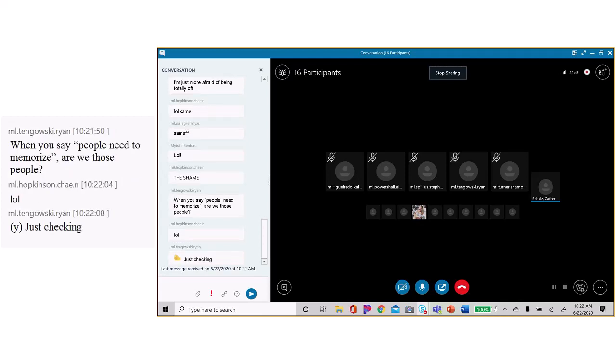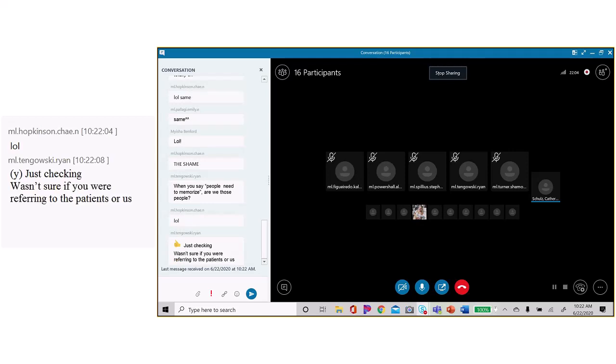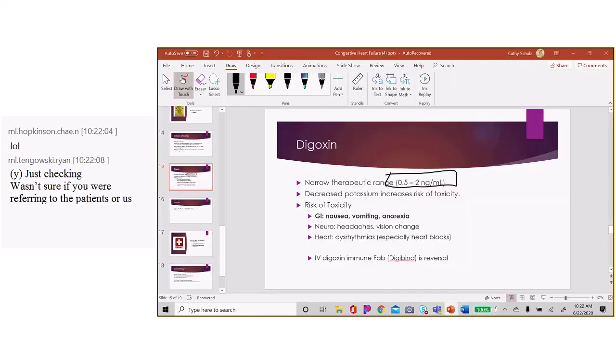Because sometimes there'll be a question on the exam that I'll say, okay, patient had their blood tested, their digoxin level is 1.9. Will you give the medication? So you would have to know what the range is. People who are on the medication should know that too, but for the exam, you have to know it. So that'll sometimes happen, and people will get the answer wrong, even though they've memorized the range as 0.5 to 2 nanograms per milliliter.